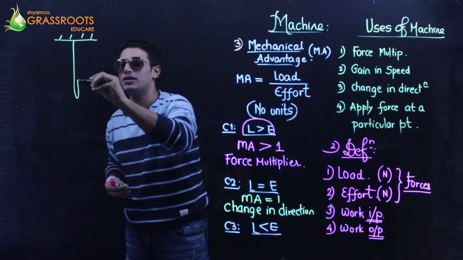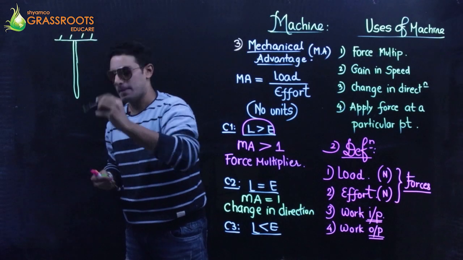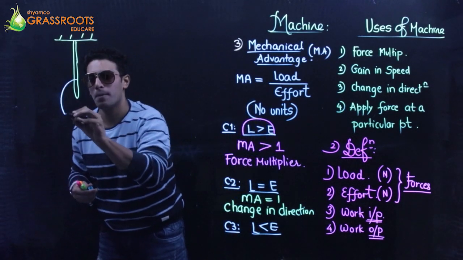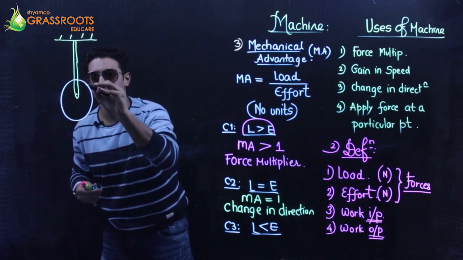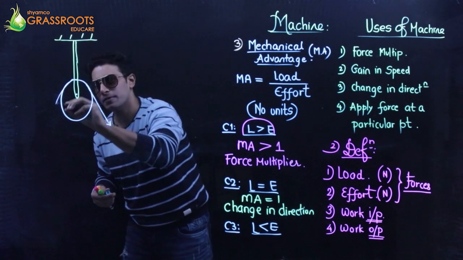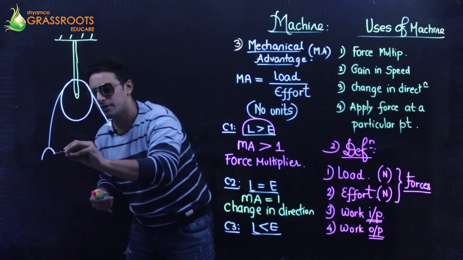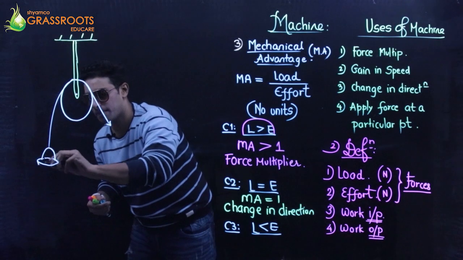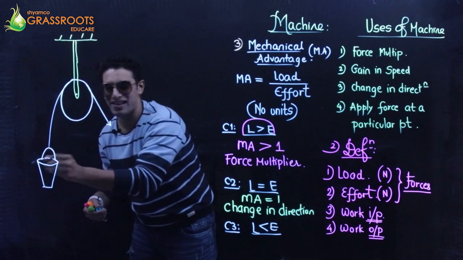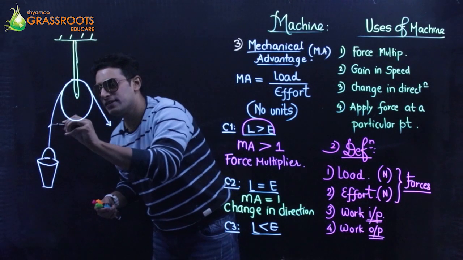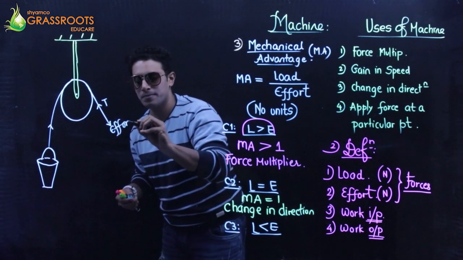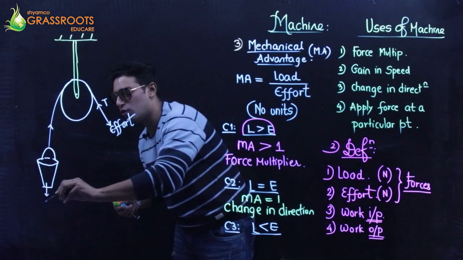So we had a pulley, a rope out here and a rope tied to a bucket. And there was a well. So obviously, guys, can I say this is the effort and this is going to be the load.